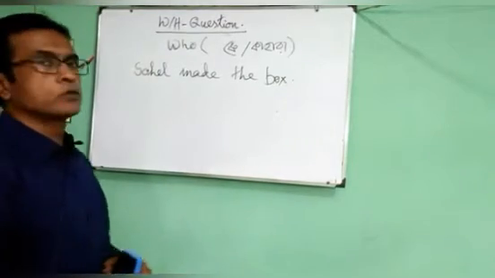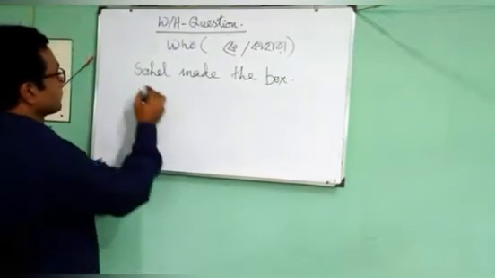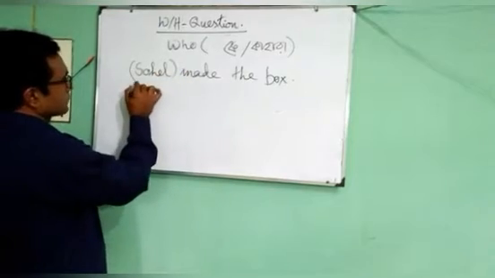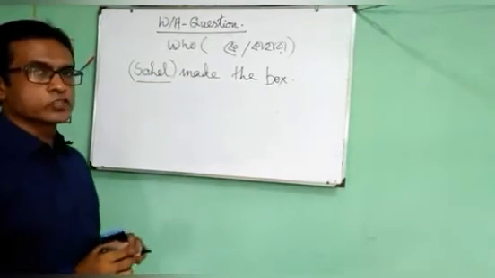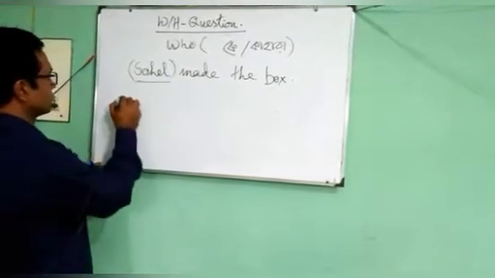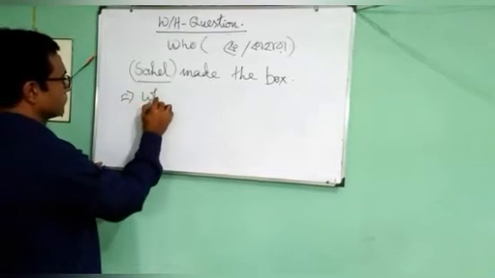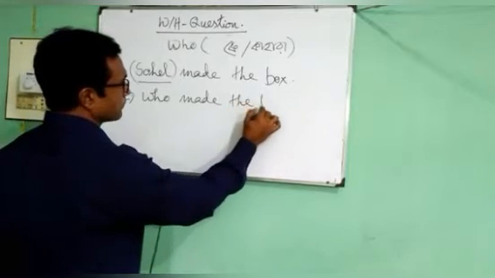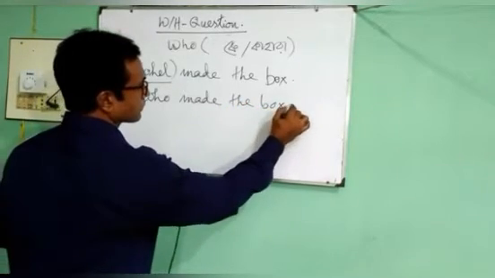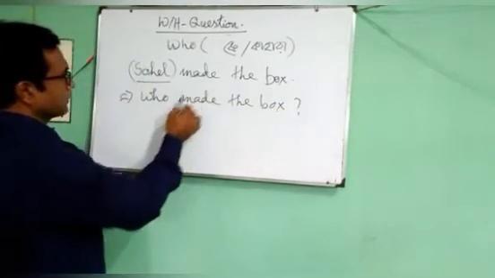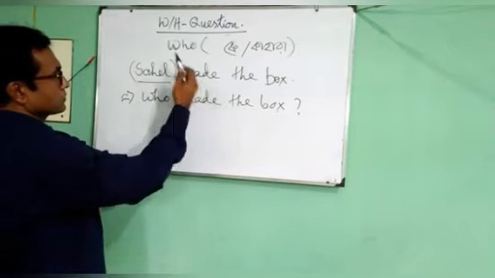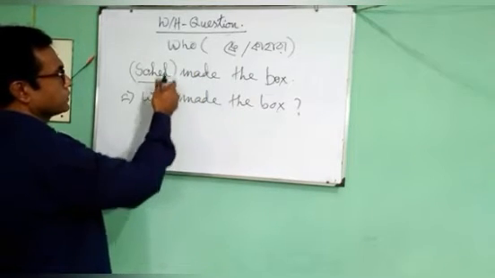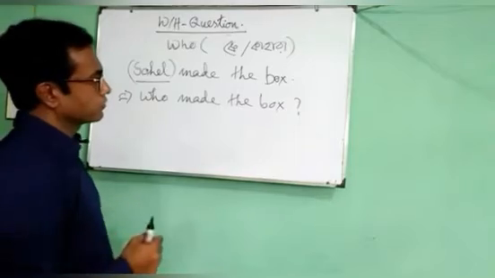We can ask the question who. For this, we have to replace Sohail by who. Who made the box? Once again, remember here, you need not add any do, did or does for making the question.